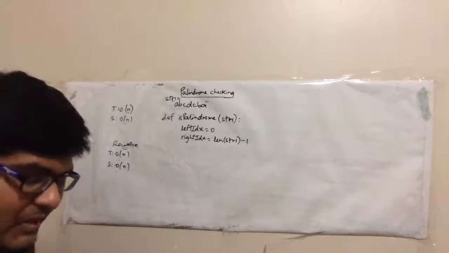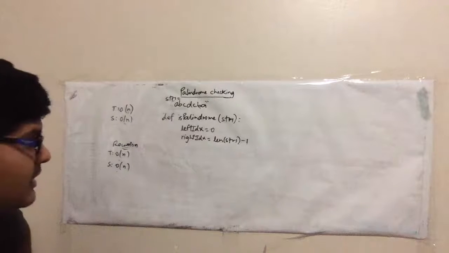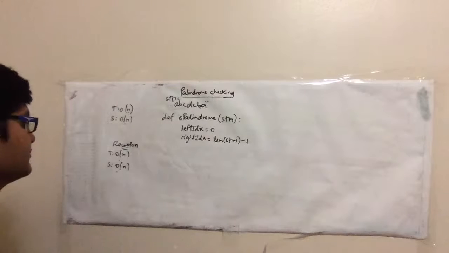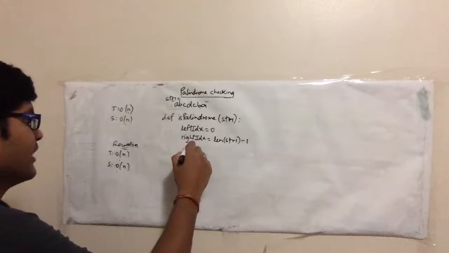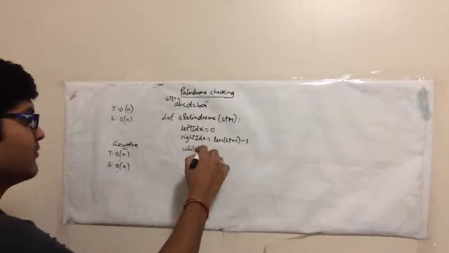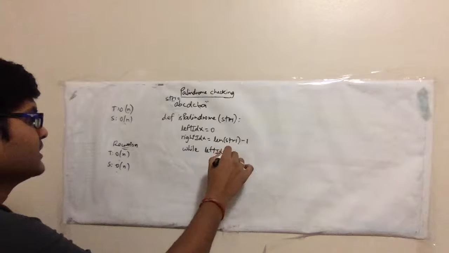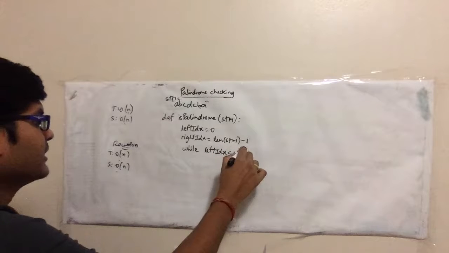Okay, so length, left index and right index. What is the basic check we need to do for iterations? I am going to make a while loop and make sure the left index is less than the right index at any time.